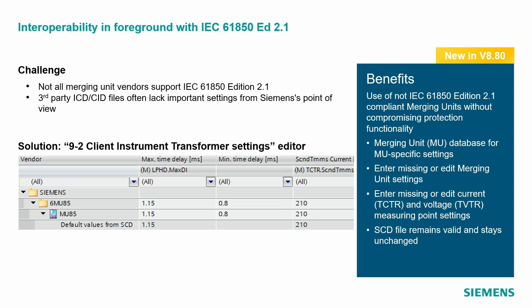Normally, if those merging units are not containing the complete information in the exchange files as ICD or CID, then you have the possibility to correct or to add this information inside the editor in DIGSI 5. Or you can even use some default values which are already stored in our catalog.